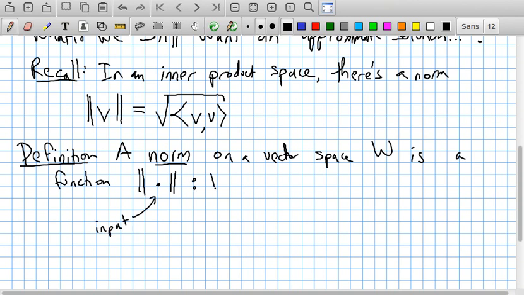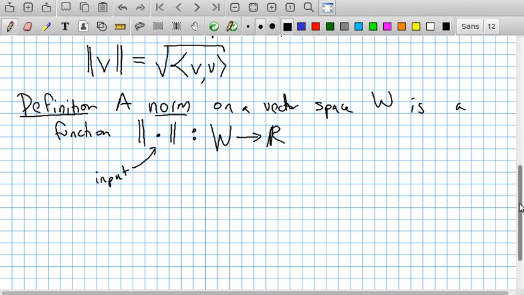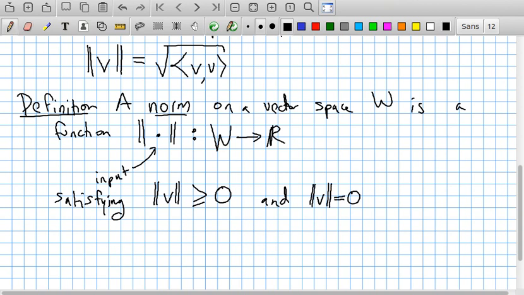It goes from your space to the real numbers, and it's going to satisfy a bunch of axioms. What is it going to satisfy? Well, the first thing is this: it better be positive, and it better be 0 only if v equals 0. That's that non-degeneracy condition showing up again.